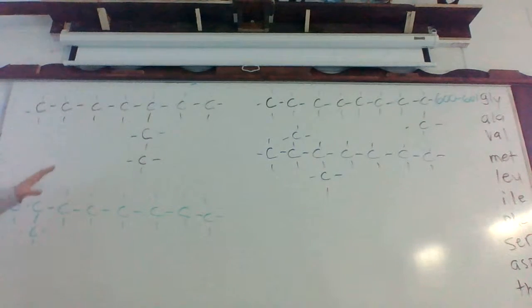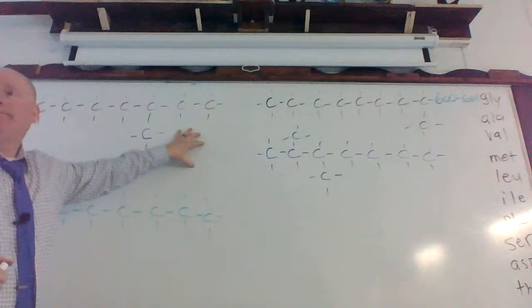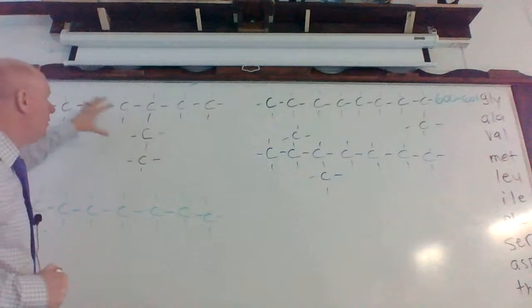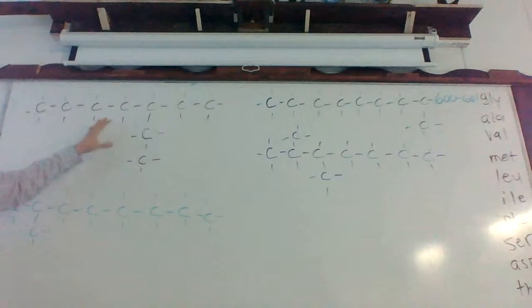All right. The first thing, this is the hardest one up here probably. What is true about this one? How many carbons are in the parent chain? There's 7. Can you go in more than one direction? Yes.